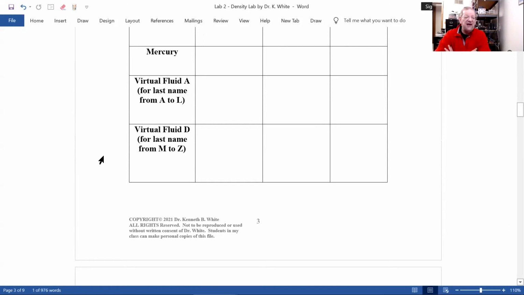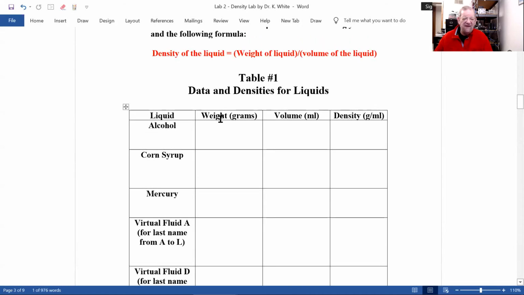And if your last name begins with A through L, you use virtual liquid fluid A. And if your name starts M through Z, use virtual fluid, which is a liquid D. And therefore, you only have to fill out one of these two. Notice I have the weight, the volume, and this you calculate by weight divided by volume.